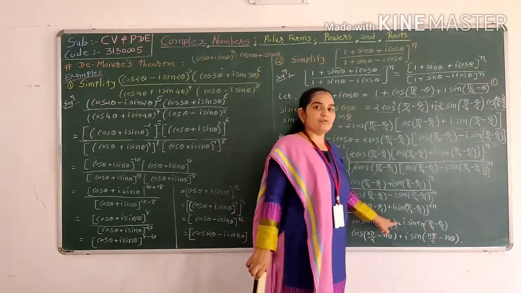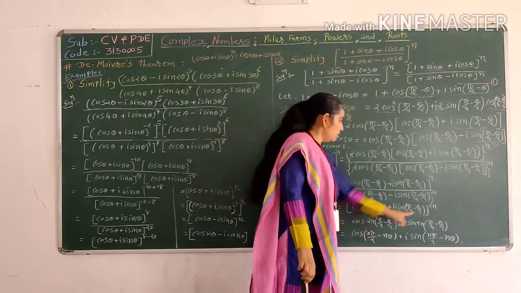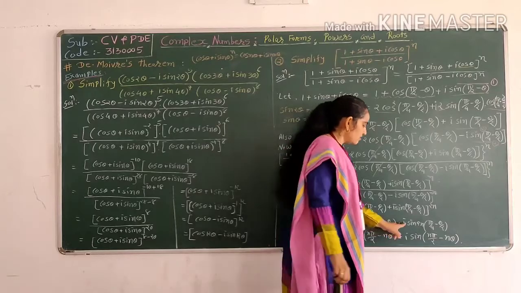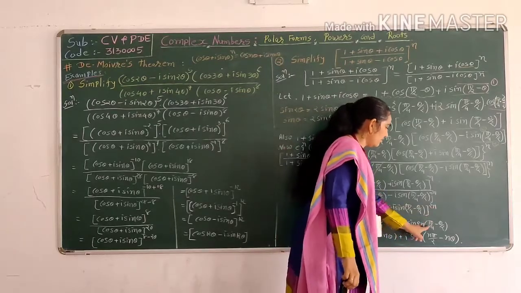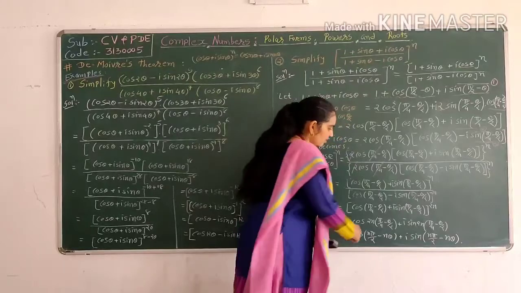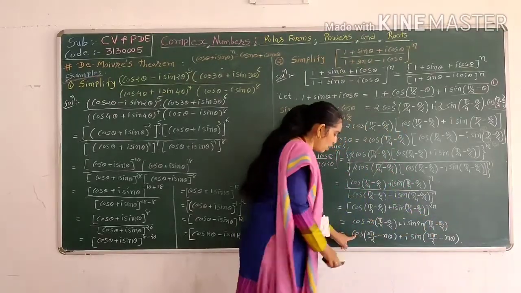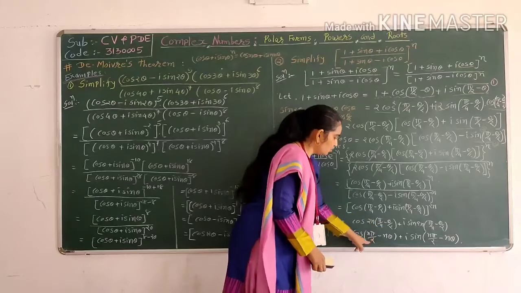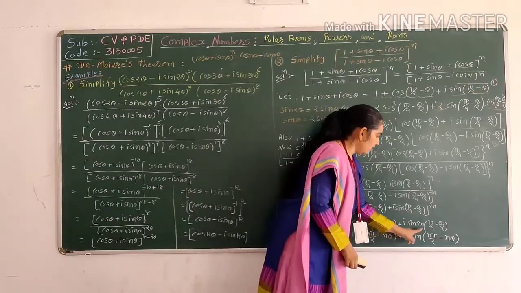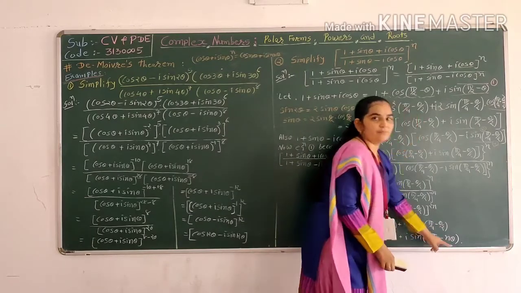Now we have to use here De Moivre's theorem: cos 2n(pi by 4 minus theta by 2) plus i sin 2n(pi by 4 minus theta by 2) is equal to, now here 2 is common and 2 cancel, therefore cos(n pi by 2 minus n theta) plus i sin(n pi by 2 minus n theta).